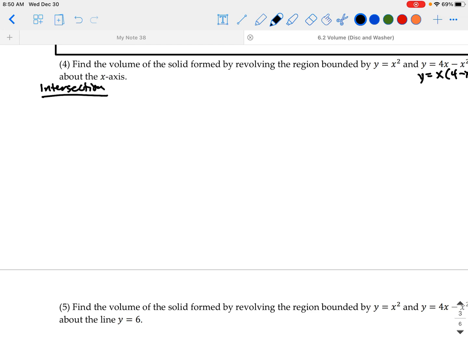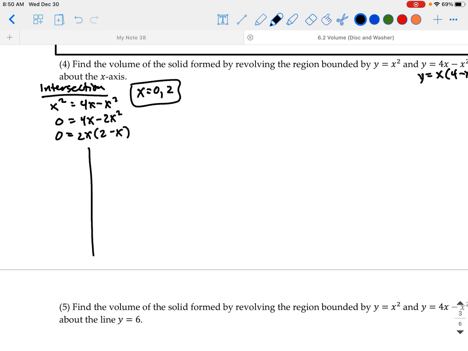Intersection points can be helpful to start with. So when is x squared equal to 4x minus x squared? If we subtract the x squared over, 4x minus 2x squared, we can factor out a 2x. So it looks like 0 and 2.